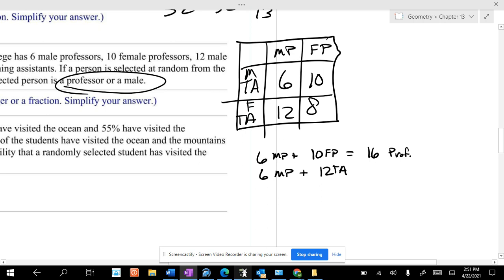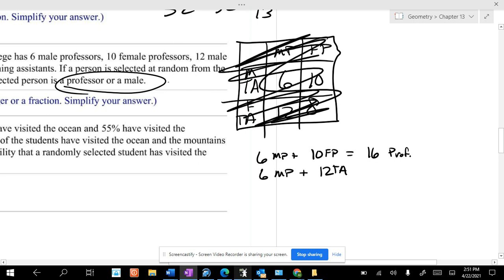I think my graph is off. Let's not look at this. Let's just look at this. 12 male teaching assistants. So out of the males, there's 18 males. So you take 16 professors plus 18 males, and you get 34.